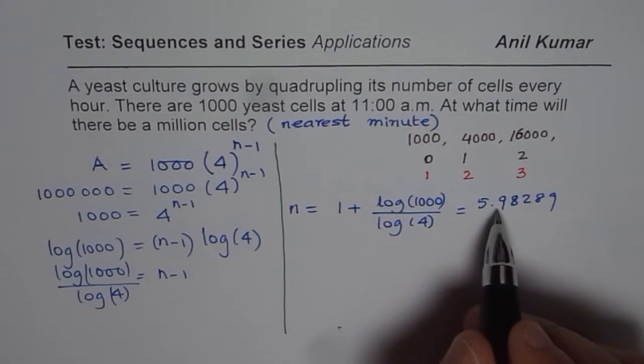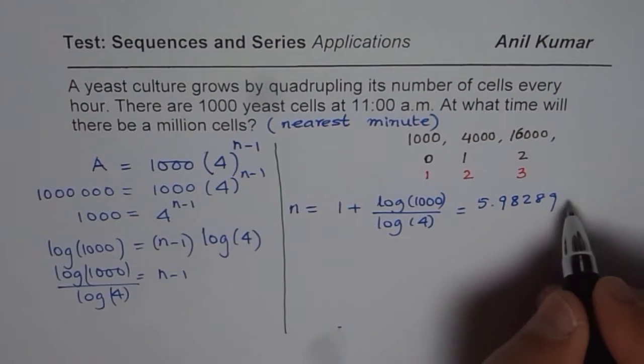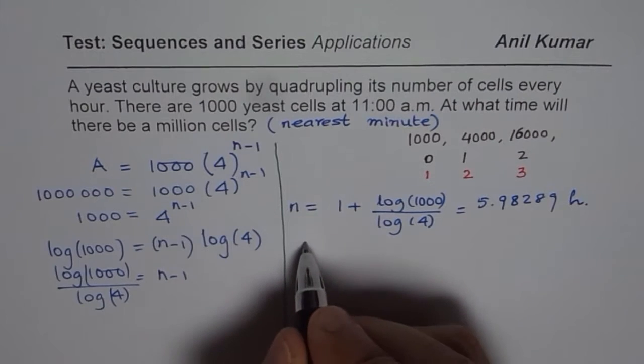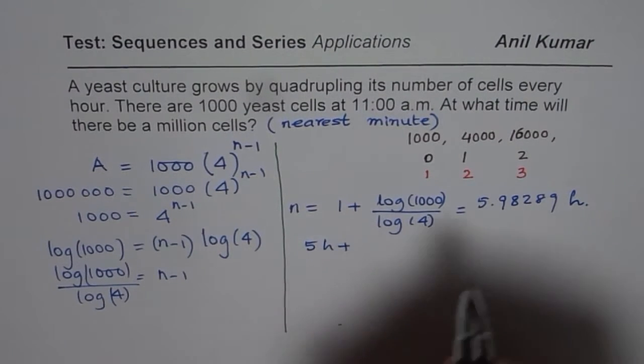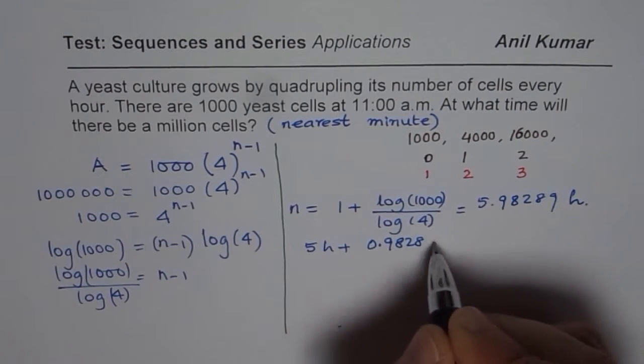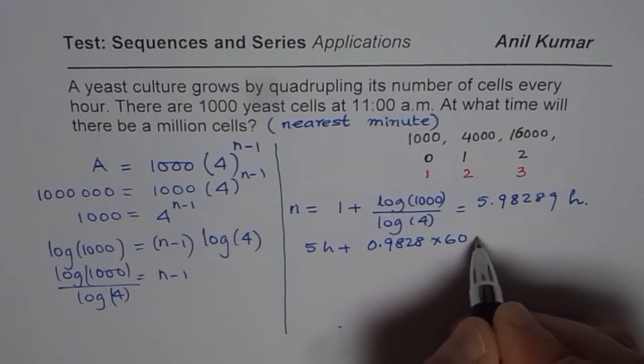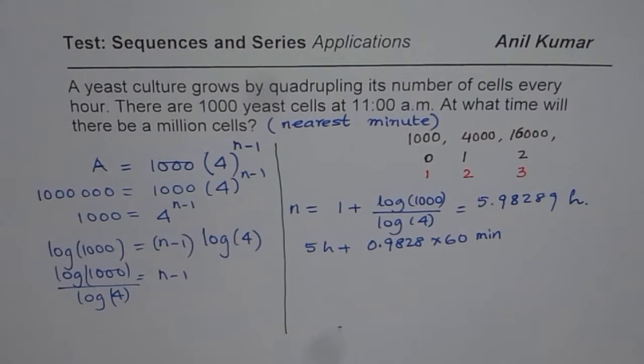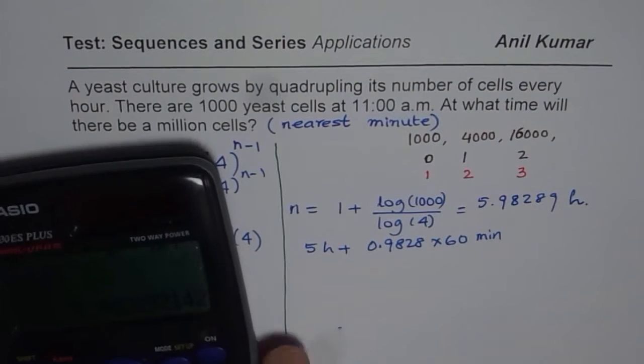Let us write this in minutes. So we can write this as 5 hours plus 0.98289 times 60 minutes. That will give us the answer to the nearest minute, right?